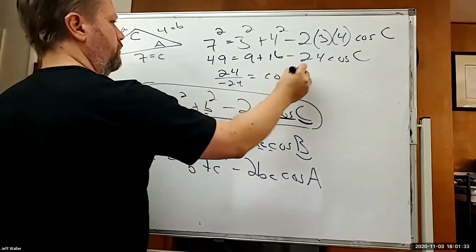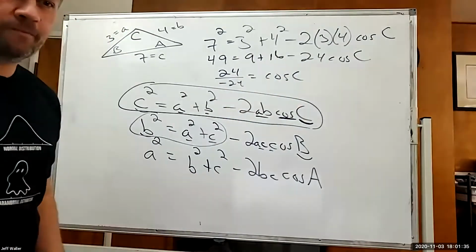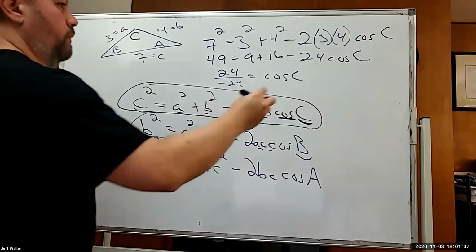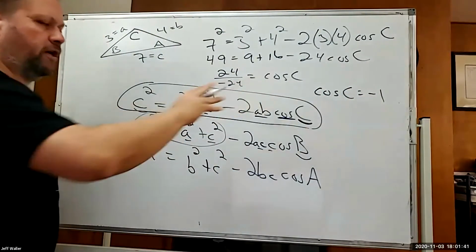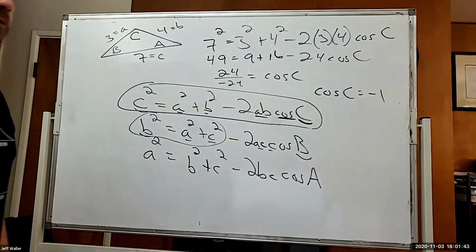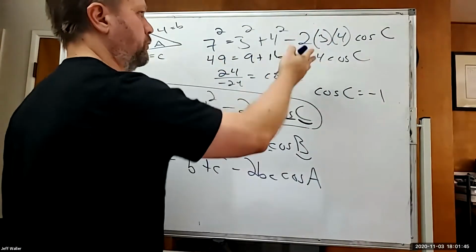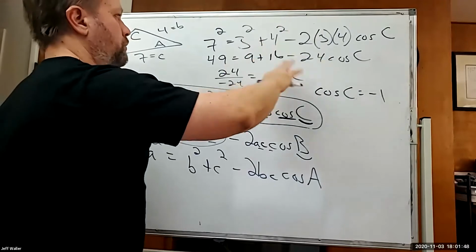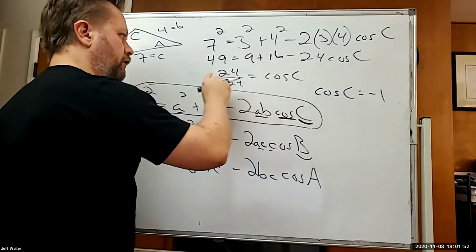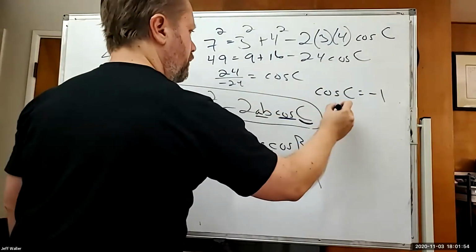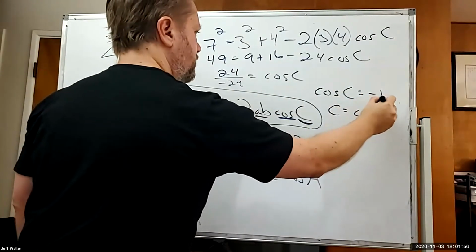Yeah, there we go. Now you're starting to see what the problem is, maybe. Cosine C would have to be negative 1. I'm going to let you guys catch up to me. Once you plug this in, it's algebra. Collect your like terms, get cosine C by itself, and then you can take an inverse cosine of both sides. But what is the inverse cosine of negative 1?